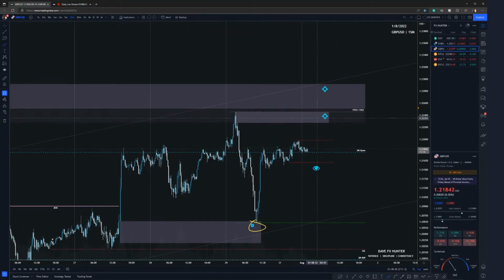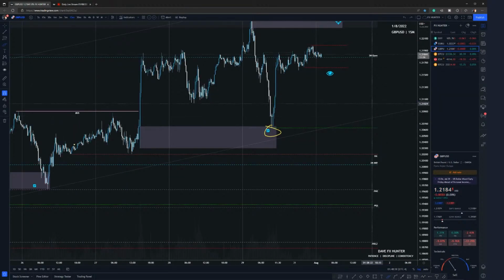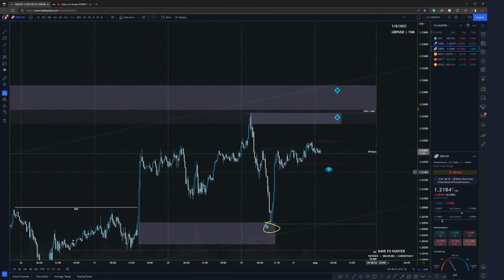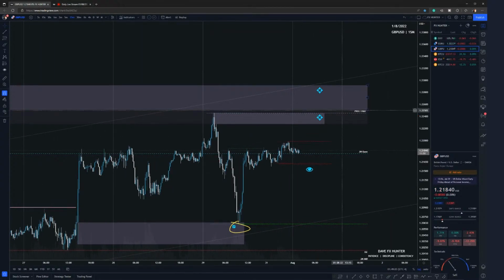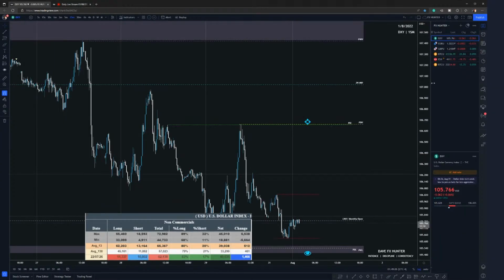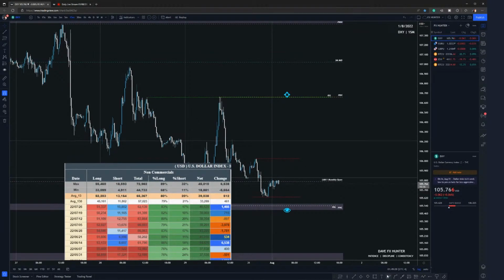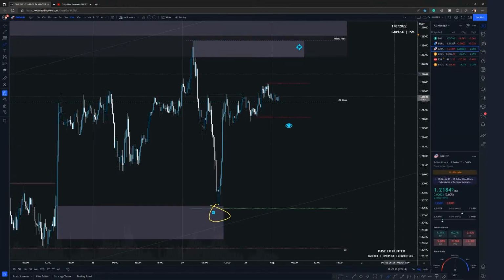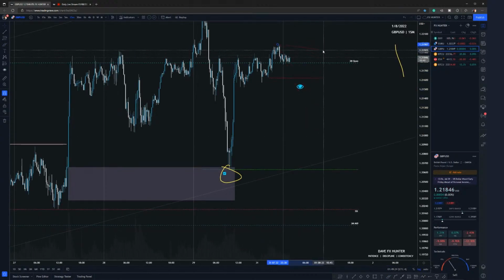Again, we have this previous week high. We have this fair value gap where the price reacted last week. And what I would like to see is the price visiting these levels, because if the dollar index goes down to these levels before it starts to do something up, or if it even will start to, if the dollar index is going down here, then it means that the pound will go up here, right?